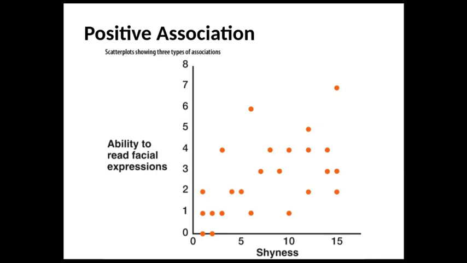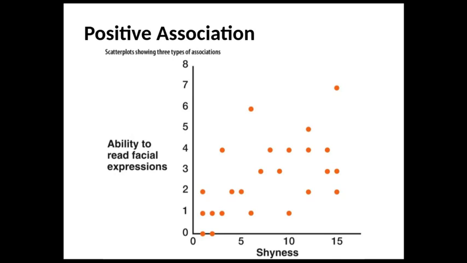So this person is showing 1,200 calories per day on their diet, and their weight goes from 200 down to 180. They lose 20 pounds. So as they cut their calories, they're also losing weight. That is also a positive association because it is going in the same direction.